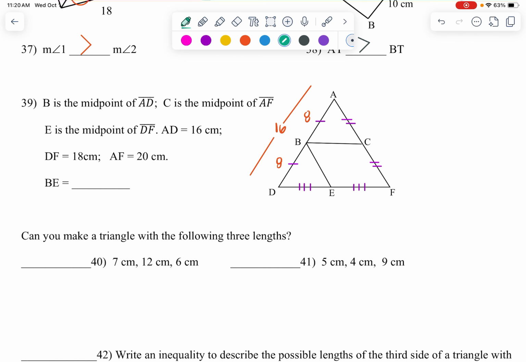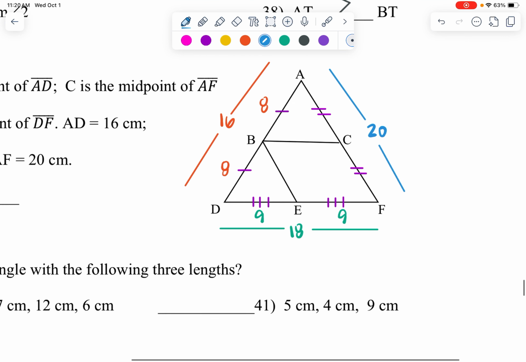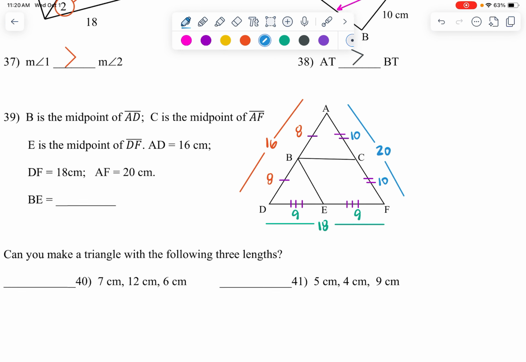DF is 18, and E is a midpoint, so I know this is 9 and 9. And then AF is 20, which means these are 10 and 10.